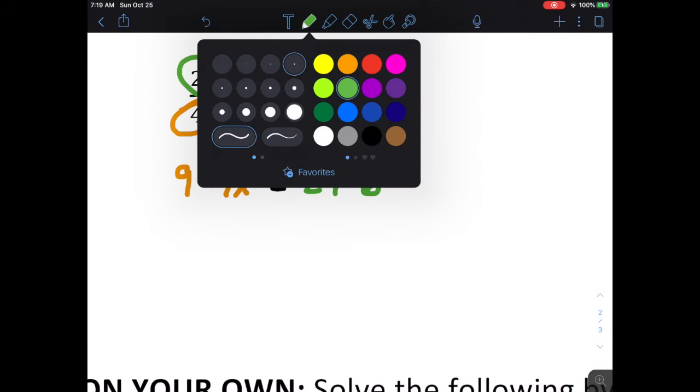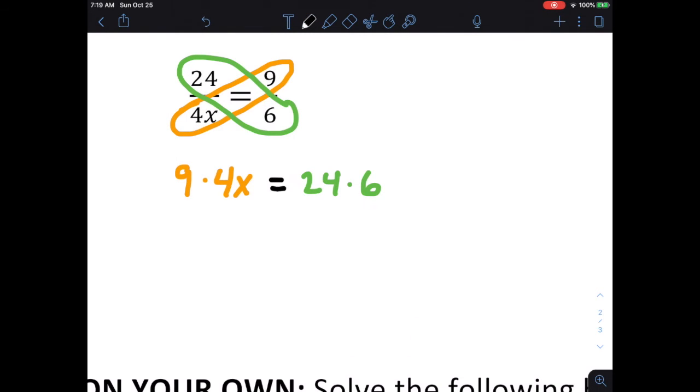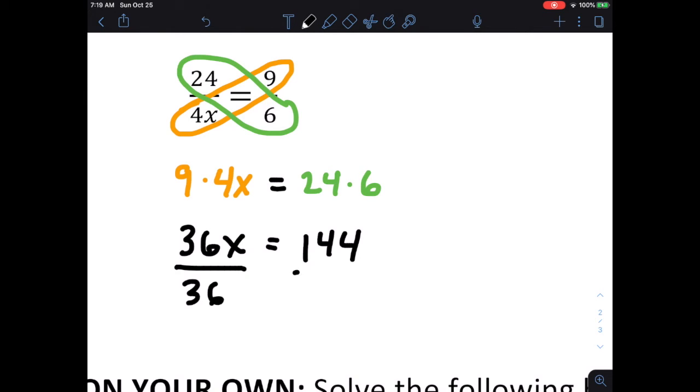Okay, so I can simplify this. The left-hand side I should be able to simplify because 9 times 4 is 36. But the right-hand side I probably ought to grab a calculator, so I do 24 times 6 on my calculator and end up with 144. And then again, I probably ought to use a calculator here because 144 divided by 36, we could probably figure it out, but why not grab a calculator just to make sure we have the right answer.